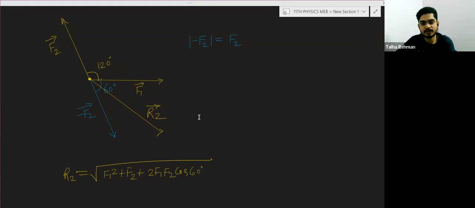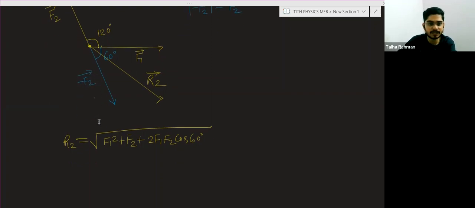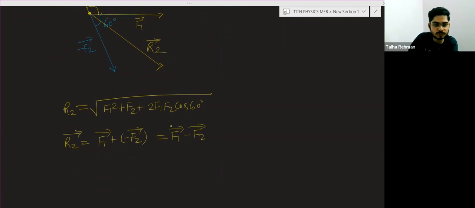There is one other way to solve this. Because you are reversing this vector, you are just calculating the R2 vector, meaning F1 vector plus of minus F2 vector. So you can write this as F1 vector minus F2 vector. So this is the case of subtraction of the vector, and you can use this formula also.